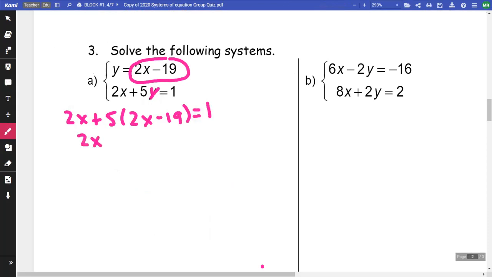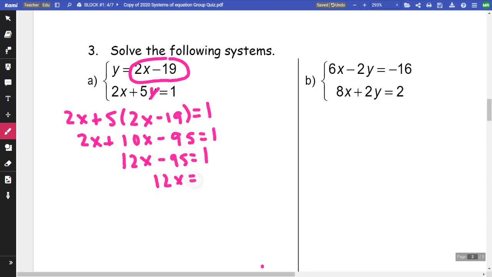So I'm going to have 2x plus, I'm going to distribute, 10x minus, and 19 times 5 is 95. So minus 95 equals 1. I'm going to combine like terms on this side, so I get 12x minus 95 equals 1. I'm going to add 95 to both sides, so I get 12x is equal to 96. I divide by 12. So 96 divided by 12 is 8.